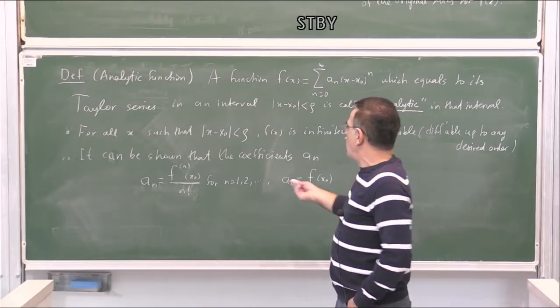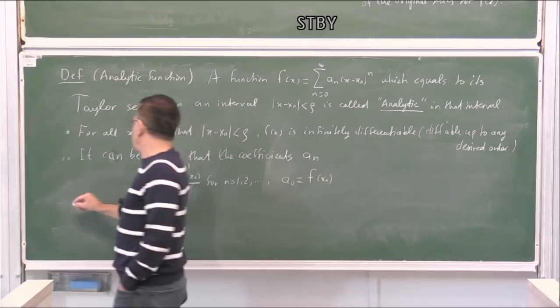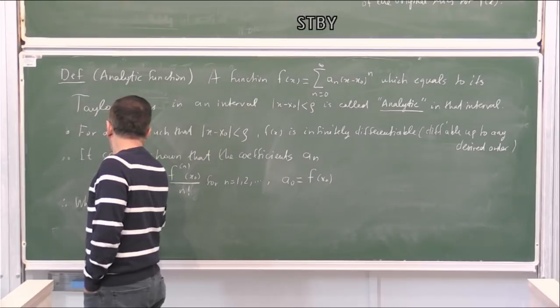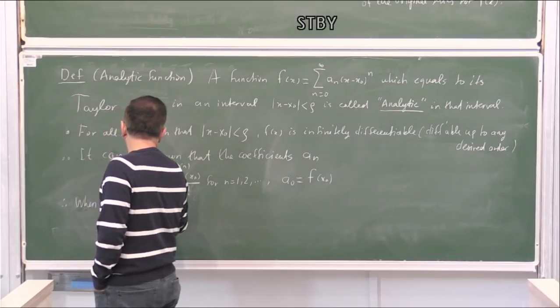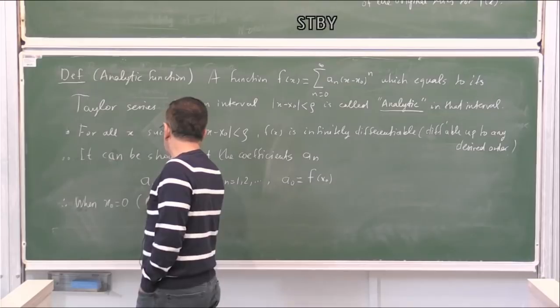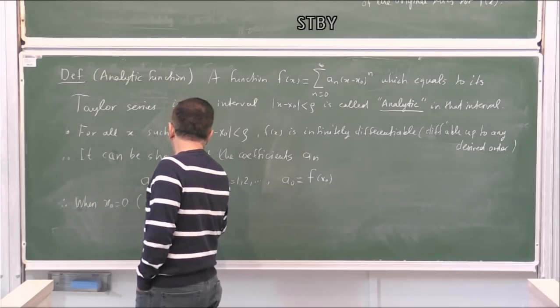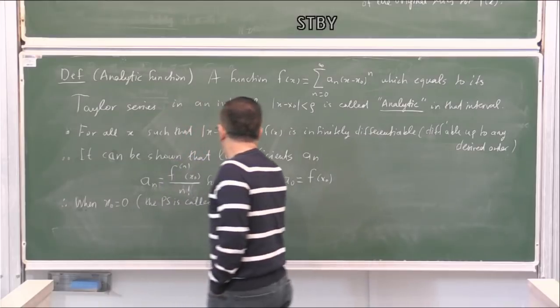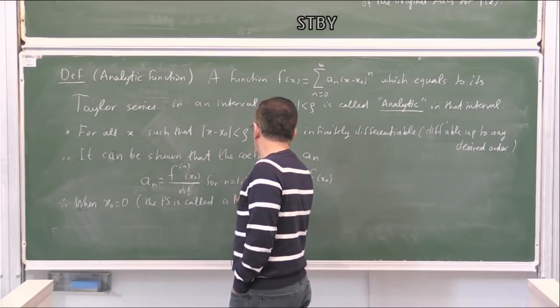And recall our terminology. If x0 is 0, the power series is called a Maclaurin series.